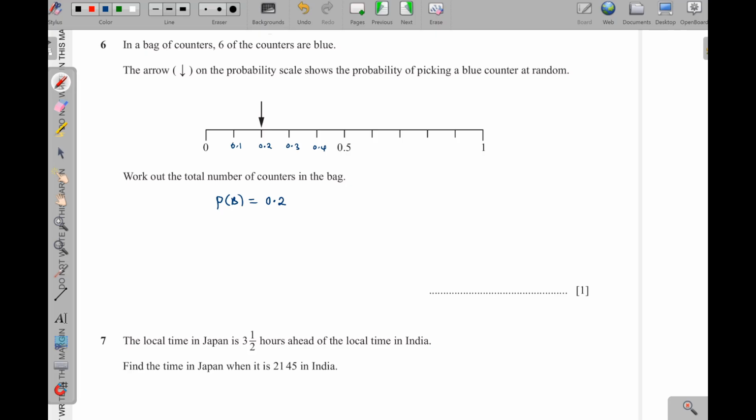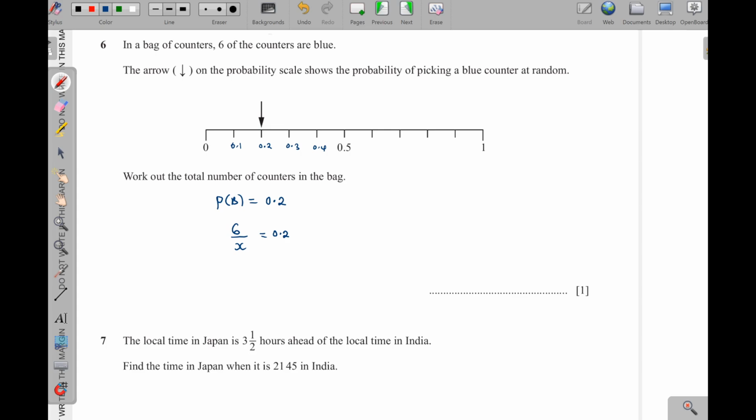You see? Now, 6 of the counters are blue. So X, that is the number of blue counters, divided by the total, we shall have 6 out of the total we don't know is equal to 0.2.